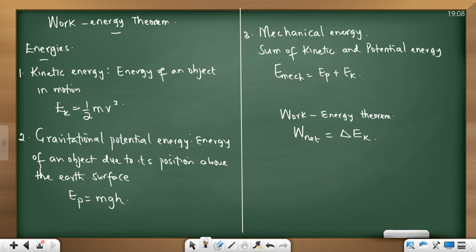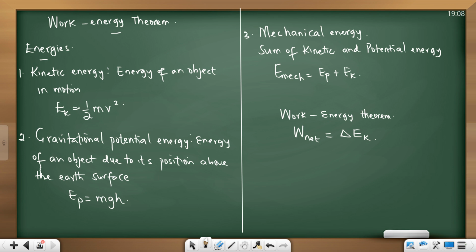Without me saying anything, can you put that into words? What do you have on the left hand side? Total work, net work, is equal to the change in kinetic energy. 2 marks. You're done.